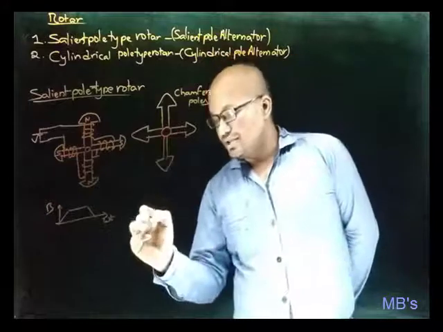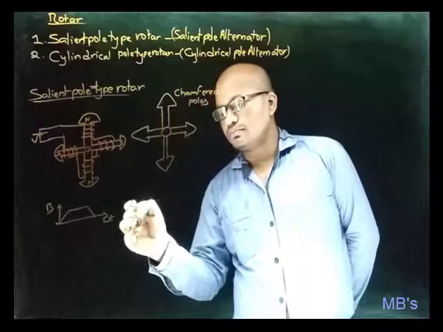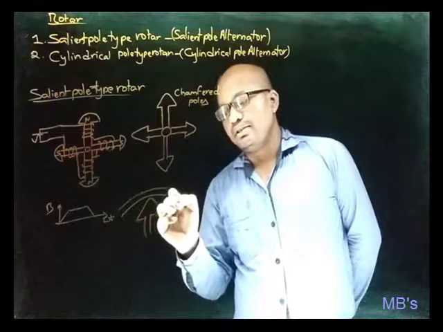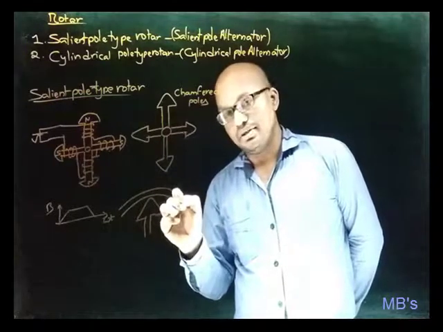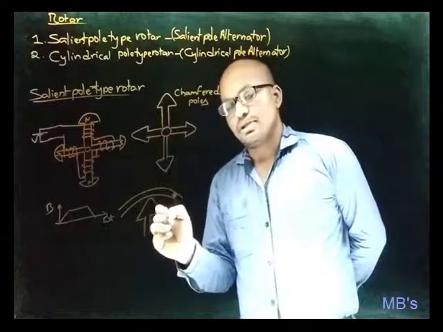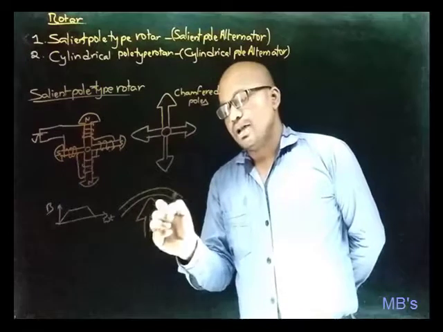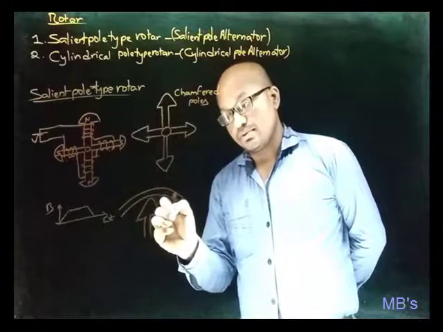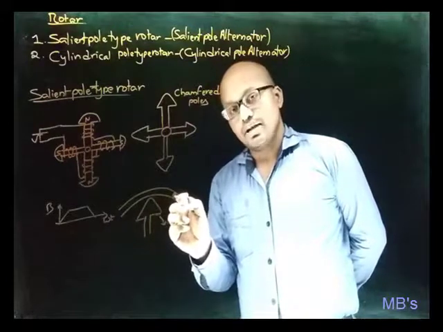For that, consider this chamfered pole and the stator like this, and let the conductor of consideration be here. Let us suppose that rotor is rotating in clockwise direction, and as this rotor moves towards the conductor, observe the air gap between the pole shoe and conductor.